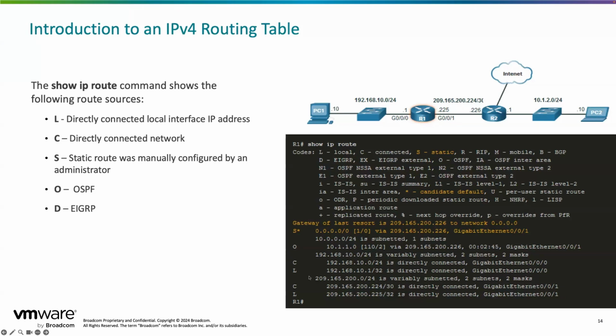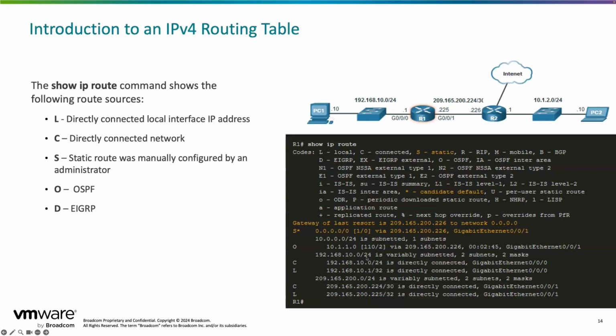You can see this L entry is always a host route. /32 means this is a host route. And S means static route, manually configured by you. And O for OSPF, D for EIGRP and R for RIP are totally different dynamic protocols.